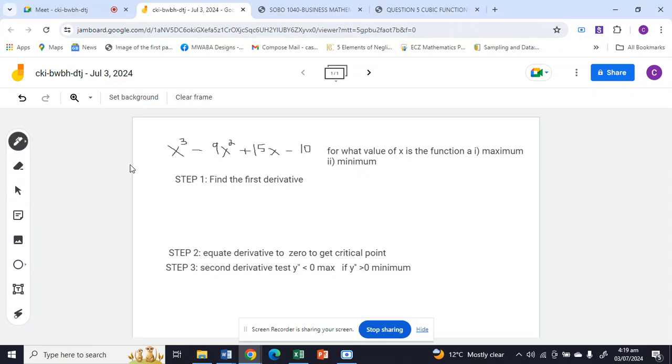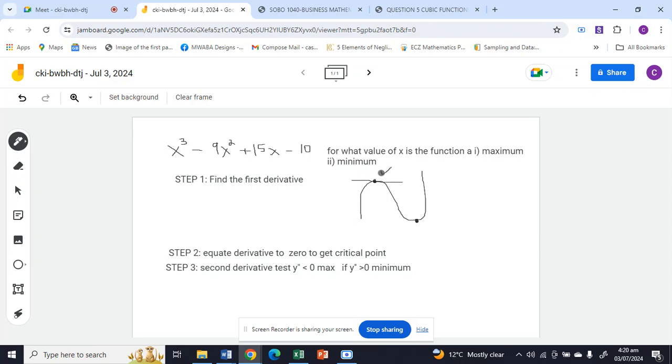So this is the general shape of a cubic function, like this. And with this question, we want to find the minimum and the maximum value. Basically, these are the points of the cubic function where the gradient equals 0. So these two dots I've put here, the gradient here is 0.